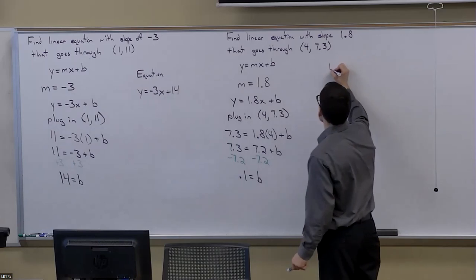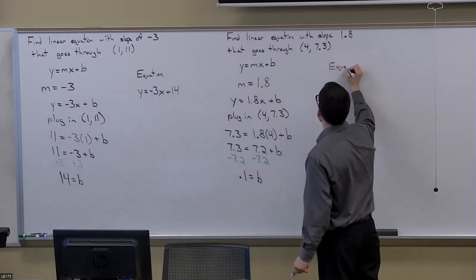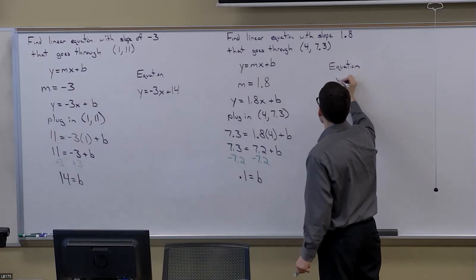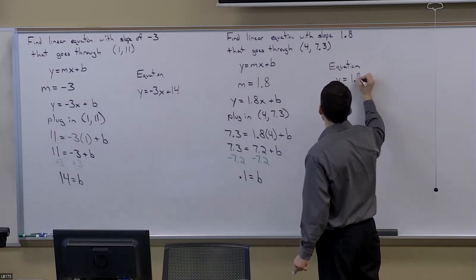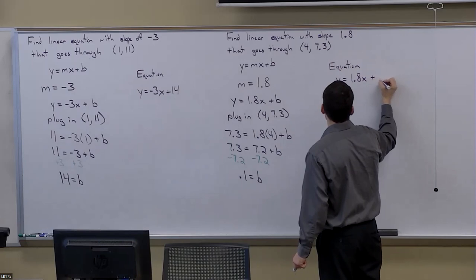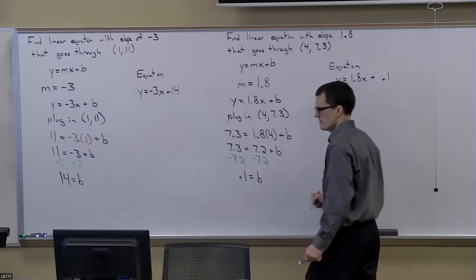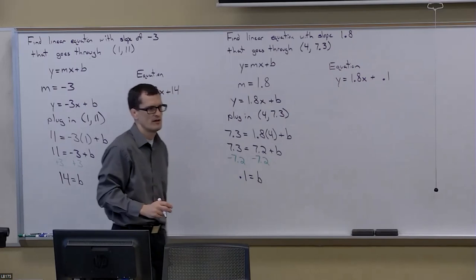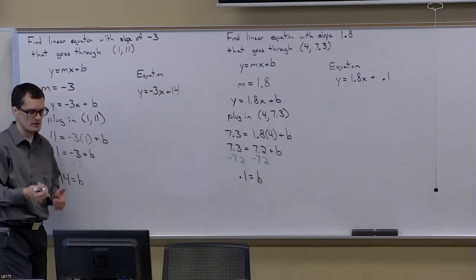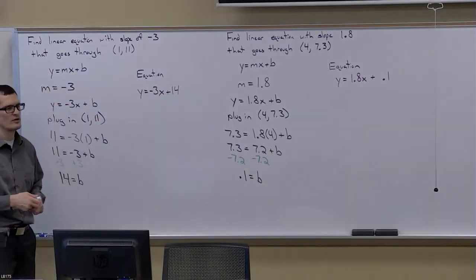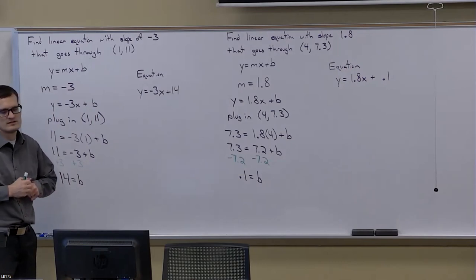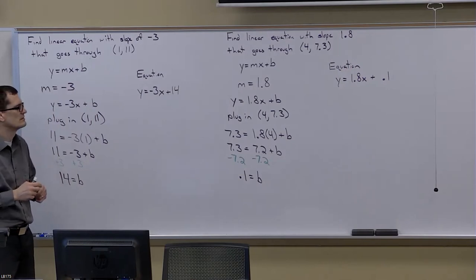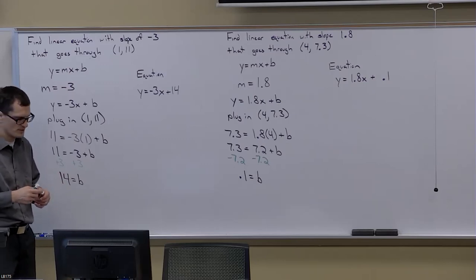And so my equation is y equals 1.8 times x plus 0.1. It doesn't matter how you write that. Moodle will accept 0.1 or .1. Is that right? Nothing too crazy there. Good.